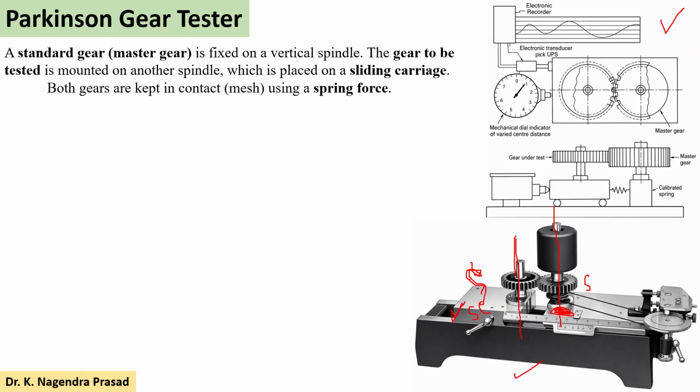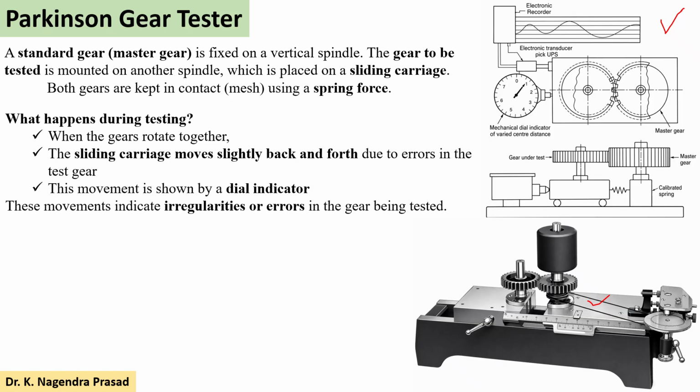Both the gears are kept in contact by using a spring force. Here we apply a spring force to maintain the tight contact between the gear to be tested and the master gear. Let's see what happens during testing. When the gears rotate together, both the gear to be tested and the master gear rotating together, the sliding carriage moves slightly backward and forward due to errors in the test gear.